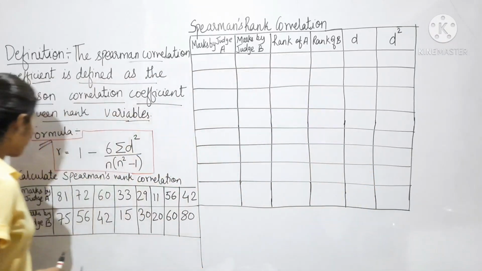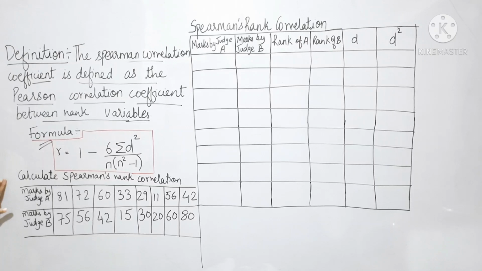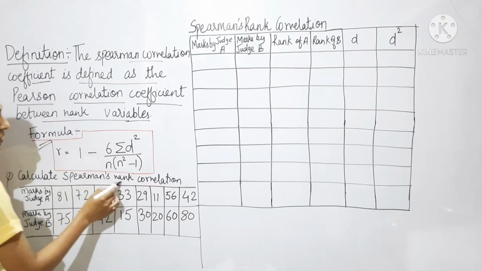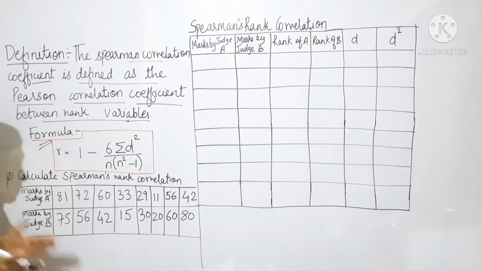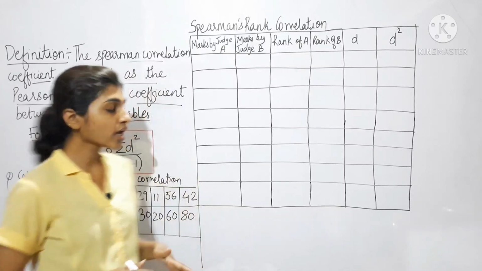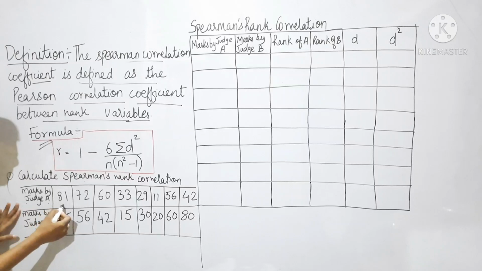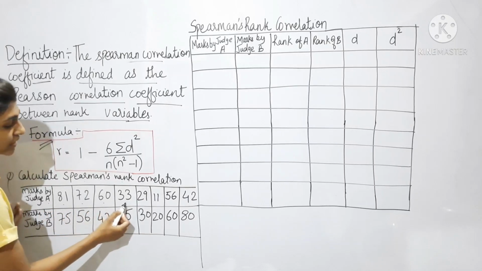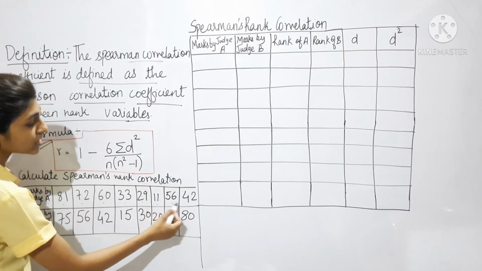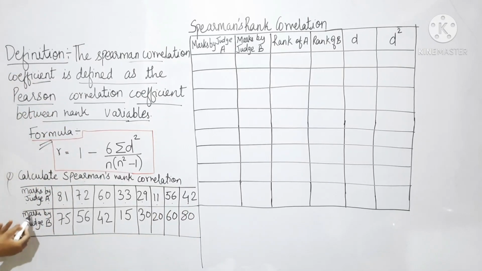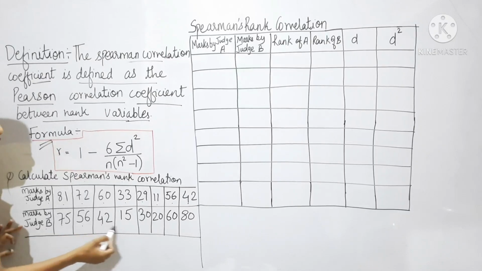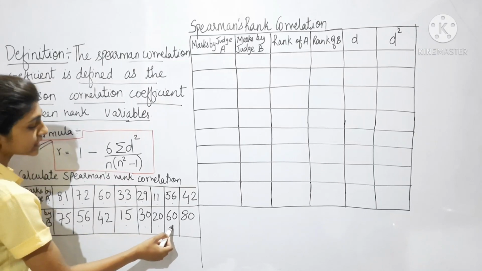So this is the example given here. In this example, calculate Spearman's rank correlation between the marks of two judges. These are the marks of the two judges. Marks by judge A are 81, 72, 60, 33, 29, 11, 56, 42, and marks by judge B are 75, 56, 42, 15, 30, 20, 60, 80.